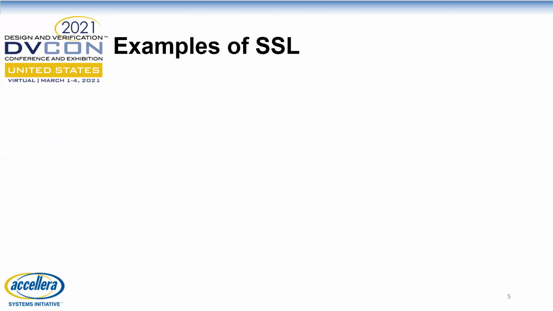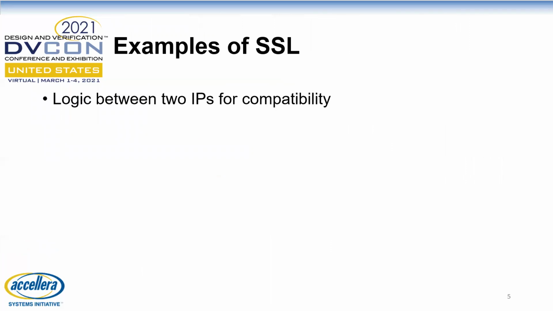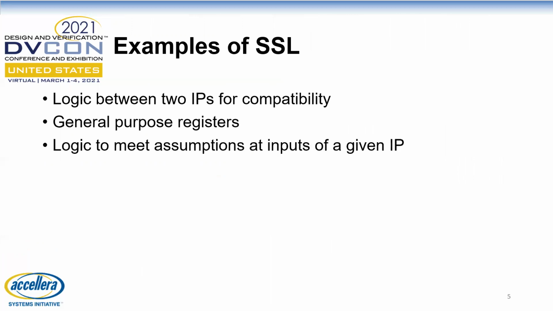So now let's look at some of the examples of SSL. For example, a logic that is added at the SoC level for compatibility between two IPs. General purpose registers. These are commonly added at the SoC level for miscellaneous controls.